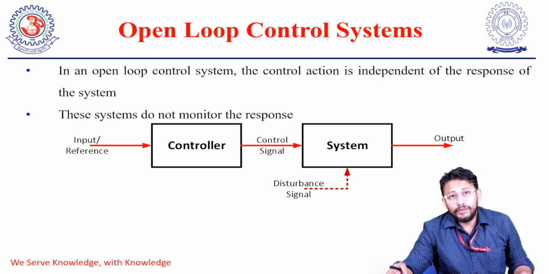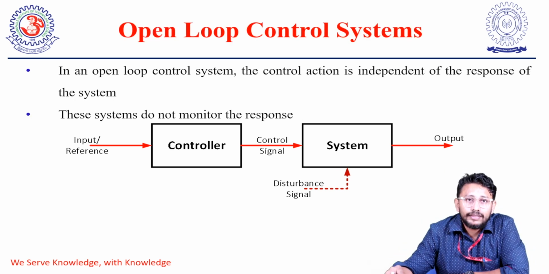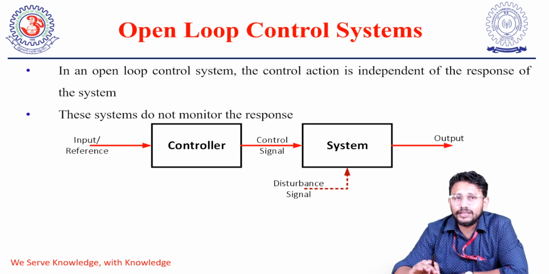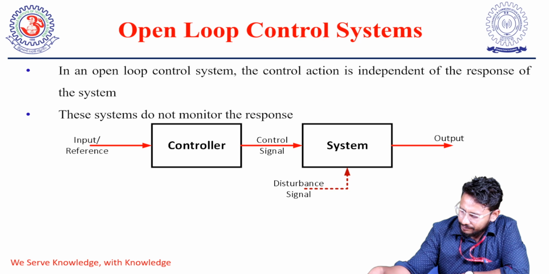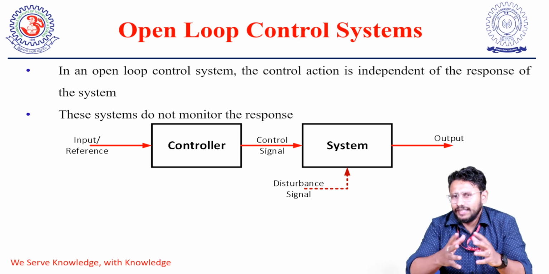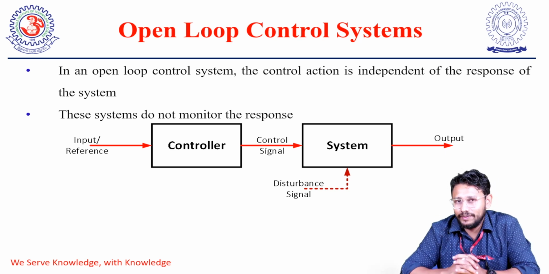Now, open loop control systems. In an open loop control system, the control action from the controller is independent of the response of the system. Say for example, the same good old fan we can consider.